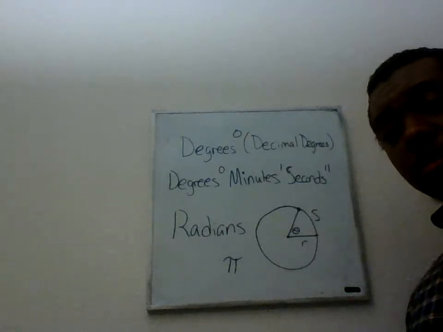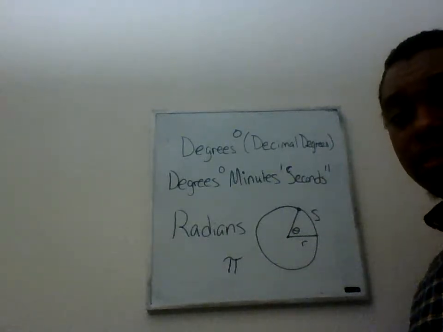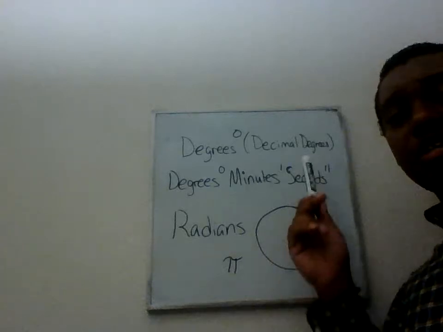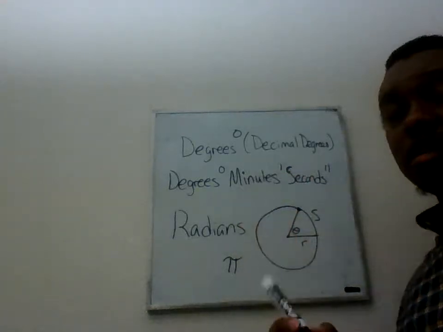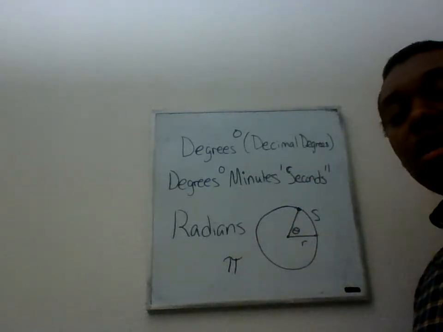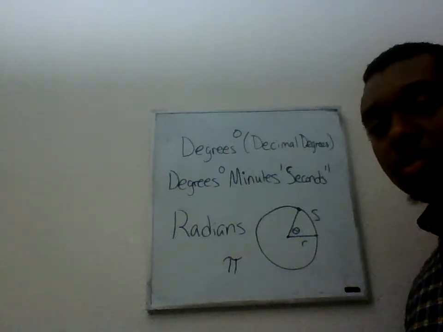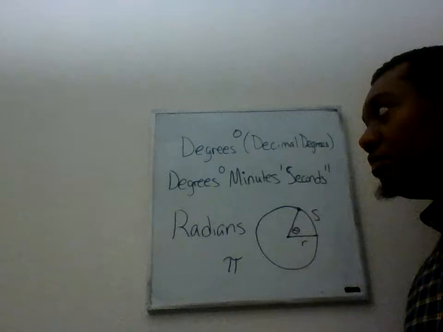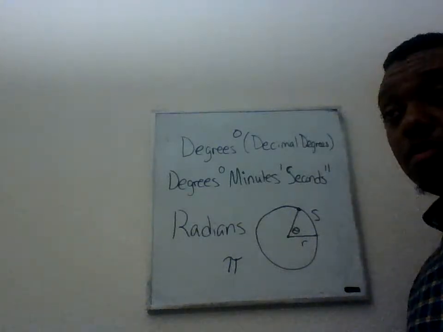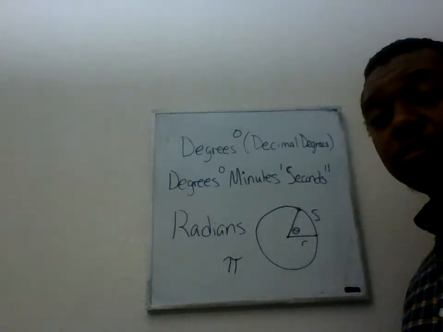So the first one is going to be degrees. We've mentioned that before, even with our definition of our types of angles. Degrees is a general measurement that's used throughout. It's been used, honestly, seemingly forever.